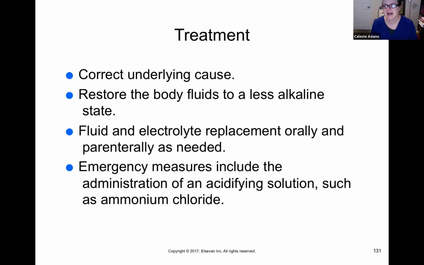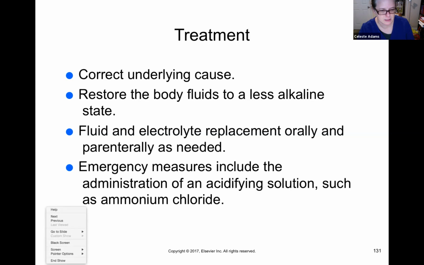It has a lot of acid in it. So if a patient is super basic in metabolic alkalosis, you want to get them a little bit more acidic. You may have to give them an acidifying solution to balance it out, get a little more acid on board, because there's not enough acid on board. There's too much base here. Okay. All right.